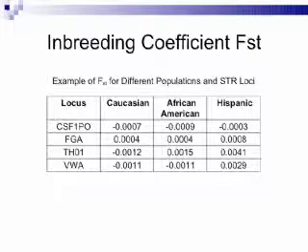When you look at the inbreeding coefficient, FST, also called theta. Theta is just something it's assigned to that. Well, look in Caucasians for these STR markers and look what the actual level of calculated inbreeding is.